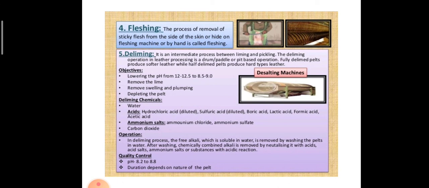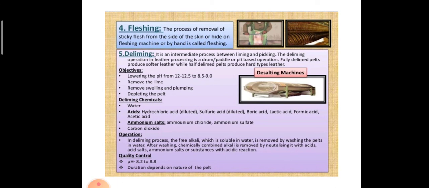Now, operations in the deliming process. The free alkali which is soluble in water is removed by washing the pelts in water. After washing, the chemically combined alkali is removed by neutralizing it with acids, ammonium salts, or substances with acidic reaction.